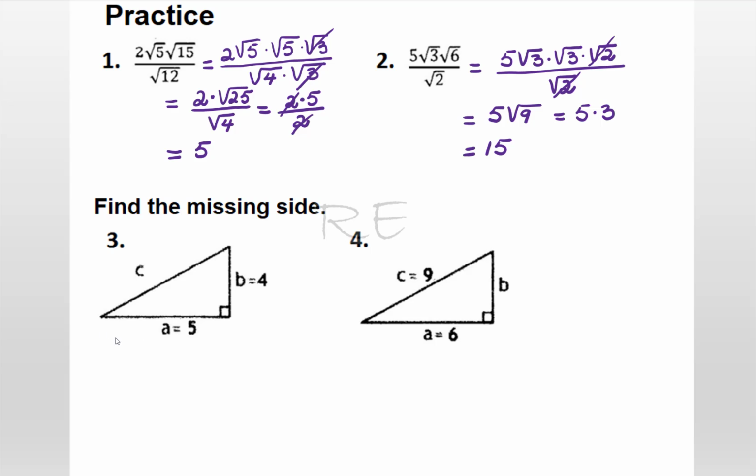Find the missing side. They're asking you for c. C squared is equal to a squared plus b squared. C squared is equal to 5 squared plus 4 squared.